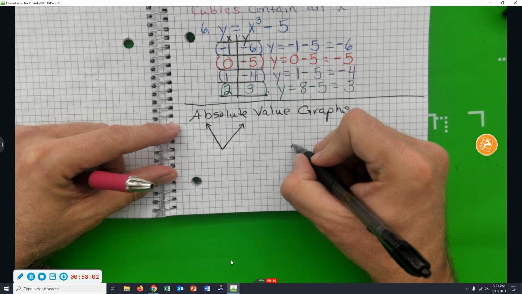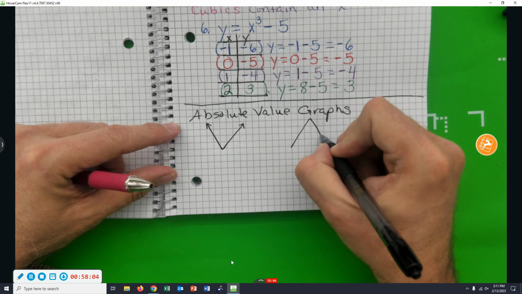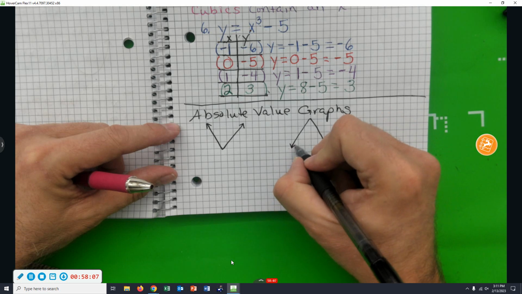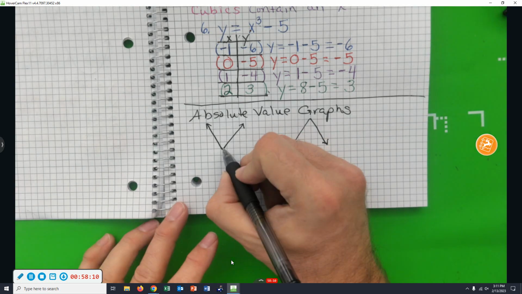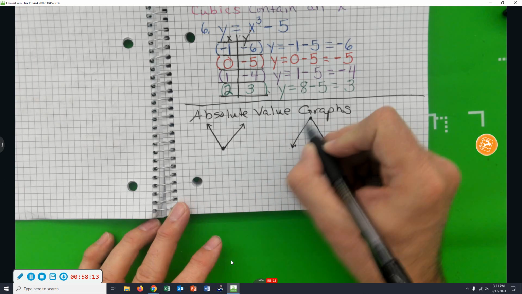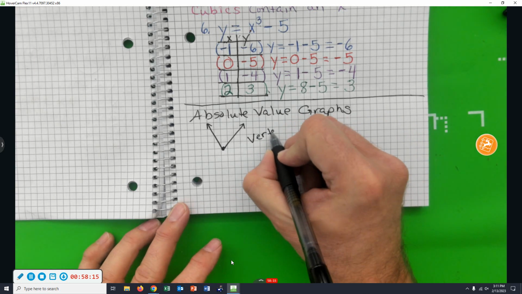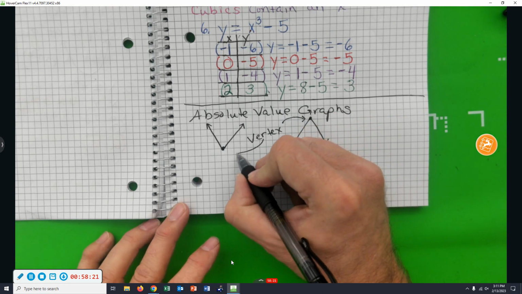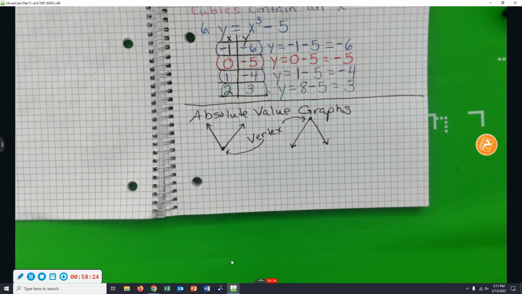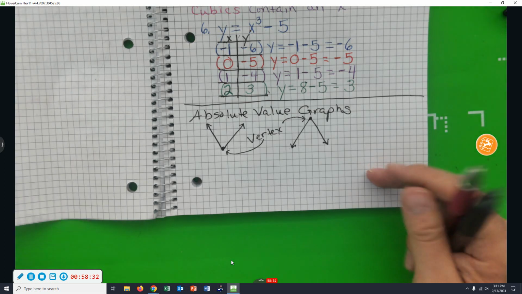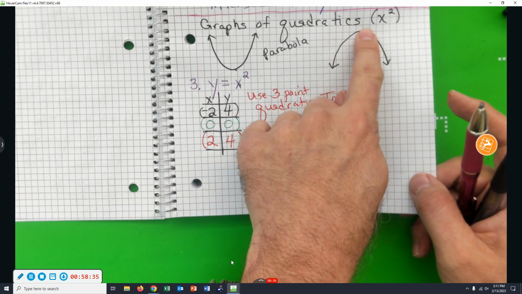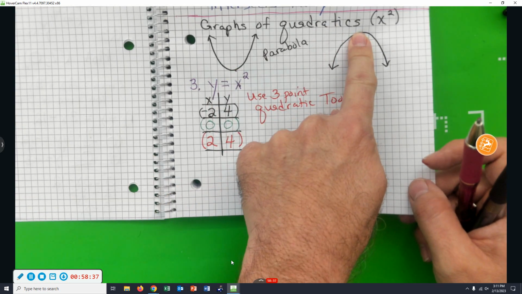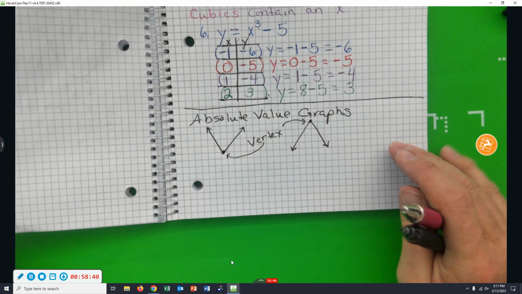By V, I mean there's a sharp point. And that sharp point has a special name called the vertex. Theoretically, and you'll see this once we get to our lesson over nothing but parabolas, this little point here is called a vertex also on a parabola, but for our purposes, we don't need that yet.